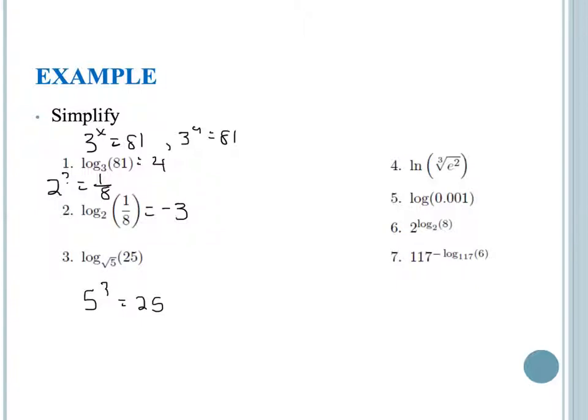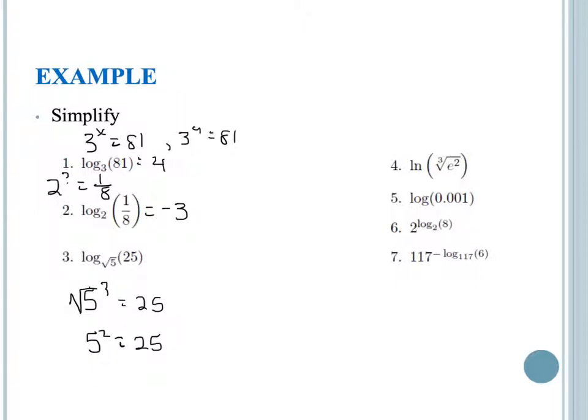So if I have a square root here, I know 5 squared equals 25. But what do I have to do to counteract the square root?